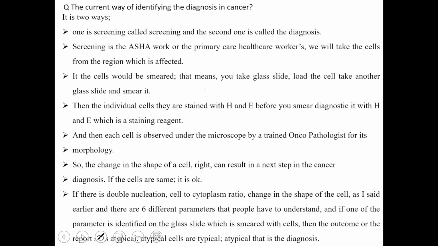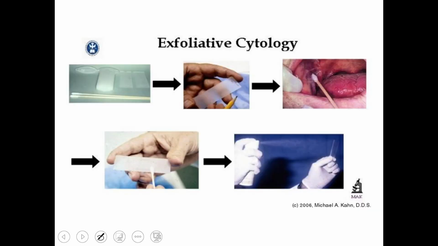So a change in the shape of the cells can indicate the next step in cancer. If the cells are the same, it is okay. If there is a double nucleation, a change in the cytoplasm ratio, or a change in the shape of the cells, as I said earlier, and there are six different parameters people have to understand. If one of the parameters is identified on the glass slide smeared with the cells, the outcomes are reported.